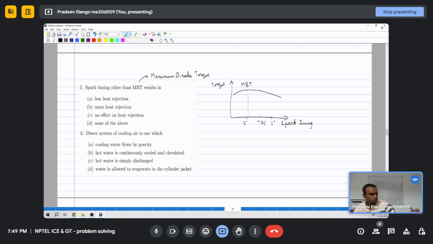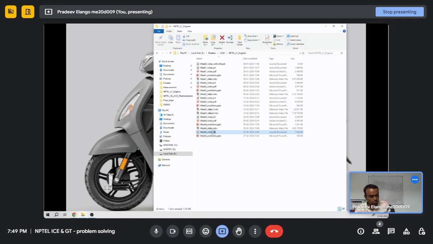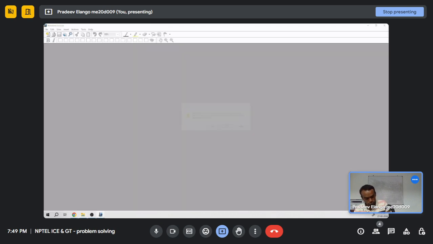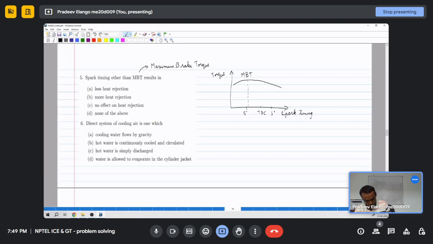There is some problem in the equation. So more heat rejection. Next one, I hope this is clear. Do you understand this MBT?